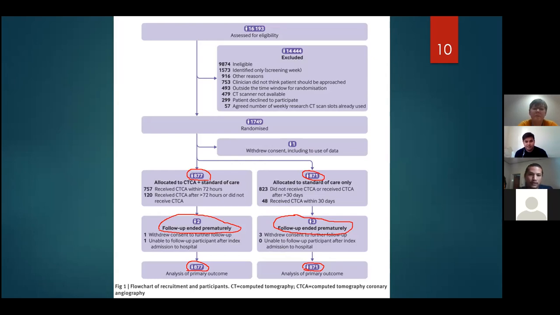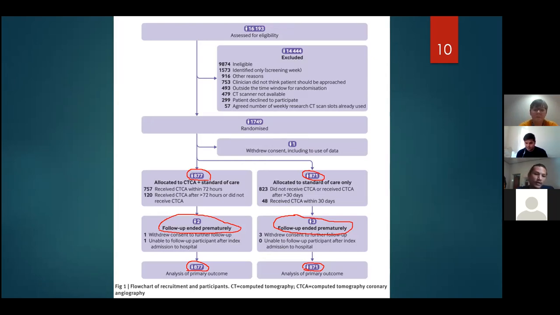During the study, one patient withdrew. Two groups were allocated: the first group of 877 to CTCA and standard of care, and the second group of 871 to standard of care only.